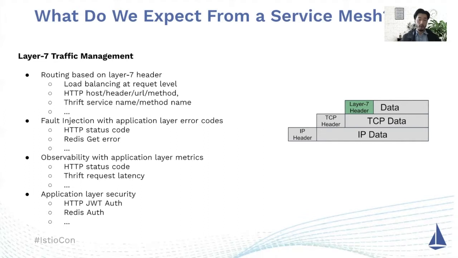We want to route traffic based on layer 7 headers for canary deployment. We want to inject error codes in the response to test the resilience of our application. We want application layer security, such as JWT authentication in the HTTP header, or authenticating to a Redis server on behalf of the client. All this needs to be done on layer 7, which means we need to look into the TCP packet and operate on layer 7 headers.